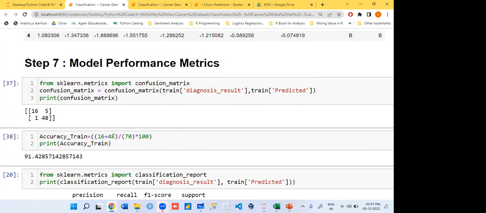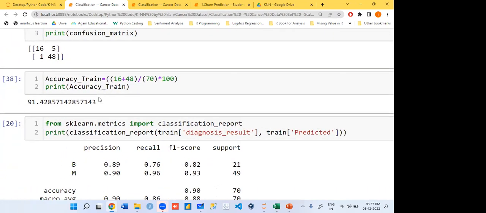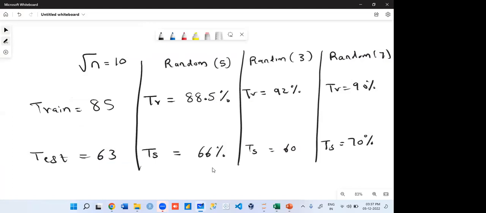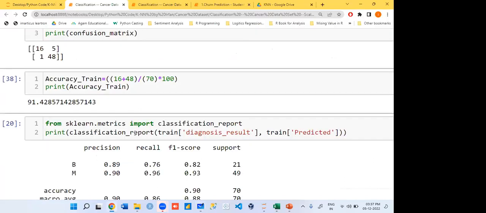How much? 91. It's okay. 1% is not a very difficult rule, guys. We can say 91 is good for us. I have just moved forward with same number, guys. This is without scaling, unscaled data, and this is scaled data. 91% for train.